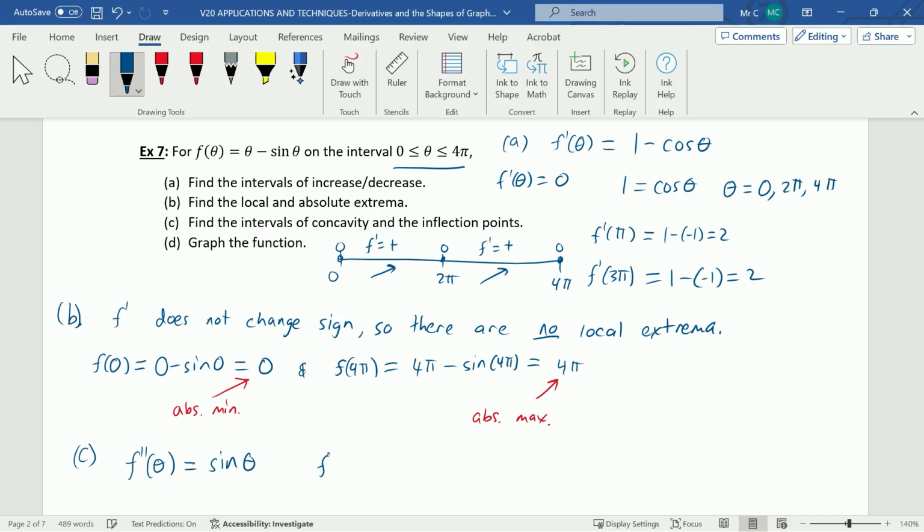And when is the second derivative 0? When sine of theta is 0. And when is sine of theta 0? Well, sine of theta is 0 at 0, and pi, and 2 pi, and 3 pi, and 4 pi.